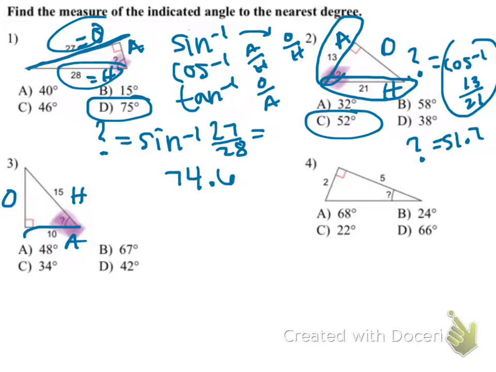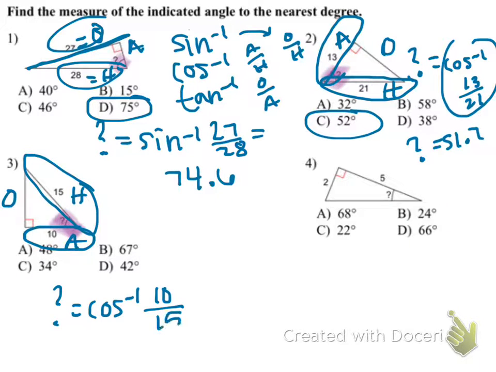So again, I only have my adjacent and my hypotenuse sides. So the only one with adjacent and hypotenuse is cosine.